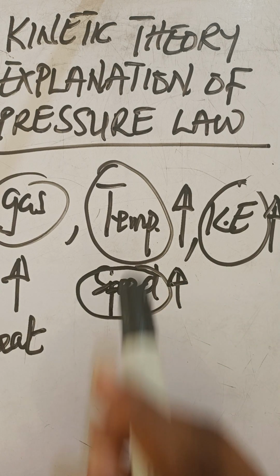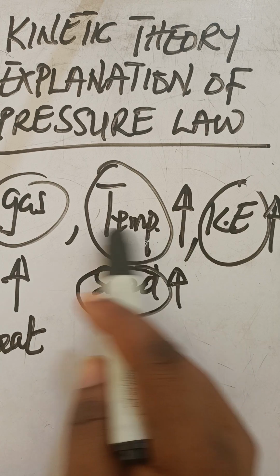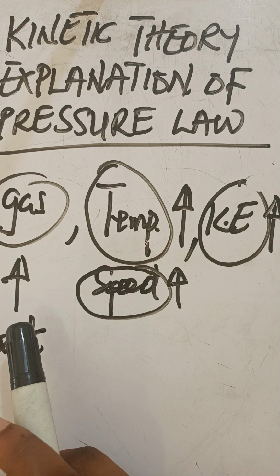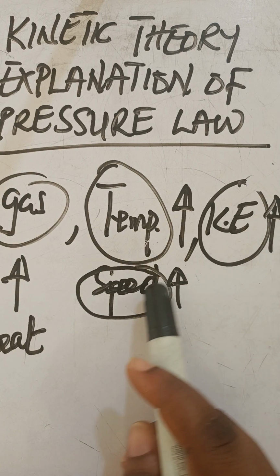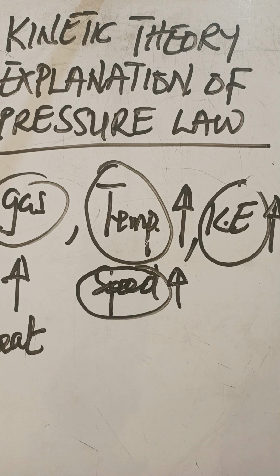So the temperature of the gas increases, and the kinetic energy and the speed of the same gas molecules also increase. Now, when this happens, since the volume is constant, the number of collisions made per second on the walls of the containing vessel also increases.